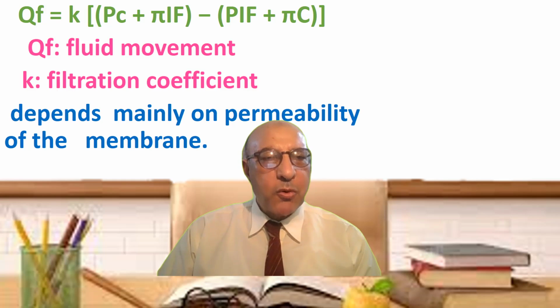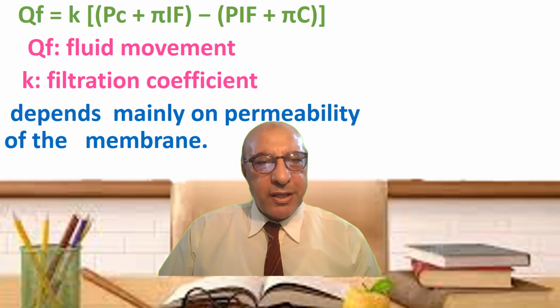We will hear much more about the capillary membrane later on in this discussion. And as we see here, there is a sum of the hydrostatic pressure in the capillary plus the oncotic pressure in the interstitial space. Why do we add here the oncotic pressure in the interstitial space? Because they are acting in the same direction.